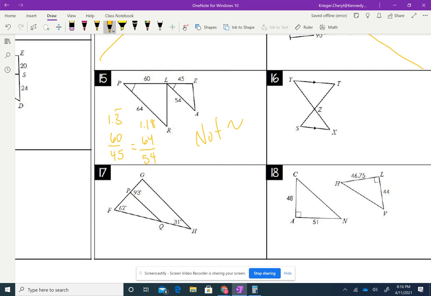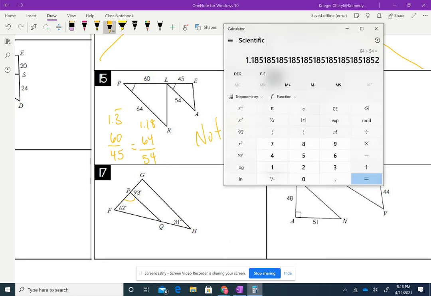Alright, and 17. Oh, look, I got lucky, another angle one. So 93. Let's go ahead and find this angle P here. So we'll just do 180 minus 93 is 87.